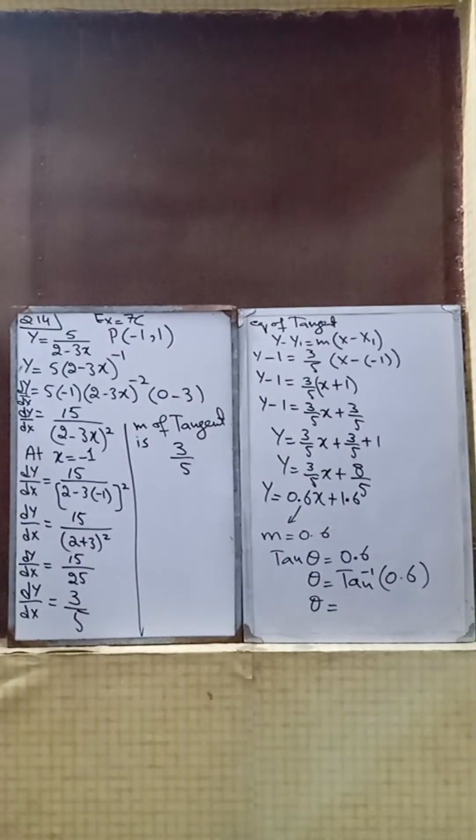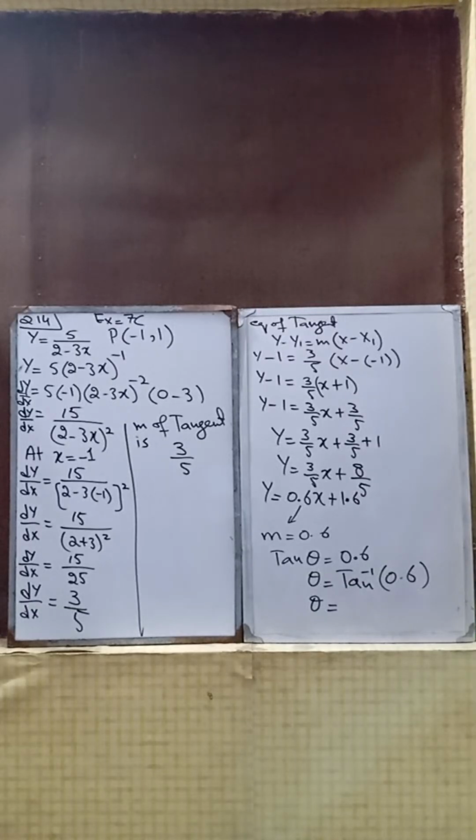Simply, you see, if you want to find out the angle that a line makes with the x-axis, you take the gradient of that line and you make it equal to tan theta, and from there get the value of theta. Okay.